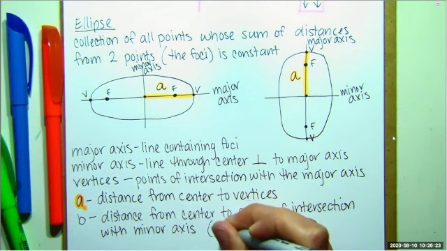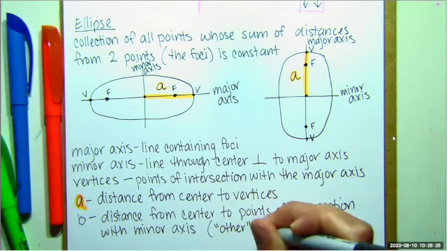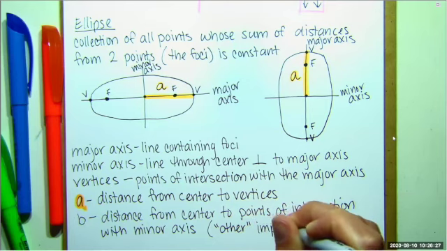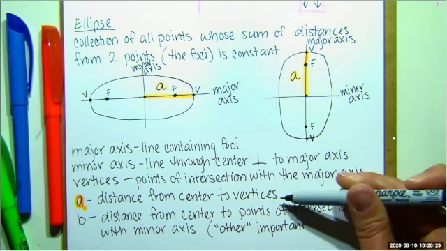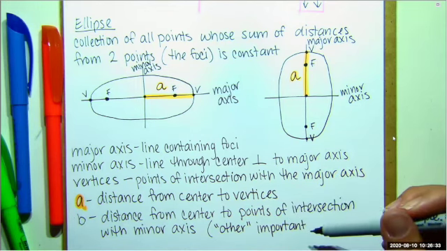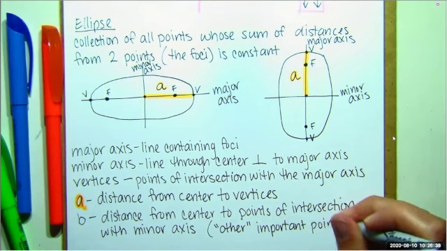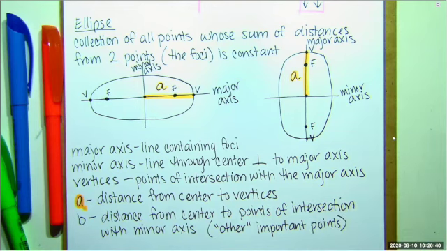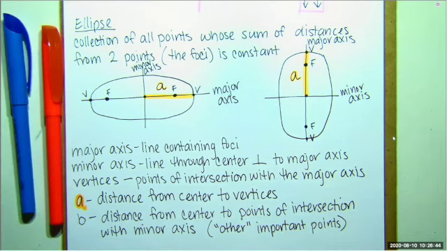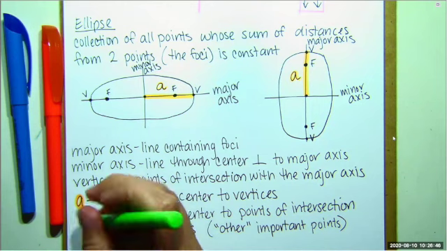I'm going to refer to these when we're doing our graphs as the other important points. There's not a technical term for these, like vertices were the points of intersection with the major axis. So to save us some time, instead of every time writing the points of intersection with the minor axis, I'm just going to say the other important points. I'll call these the other points.